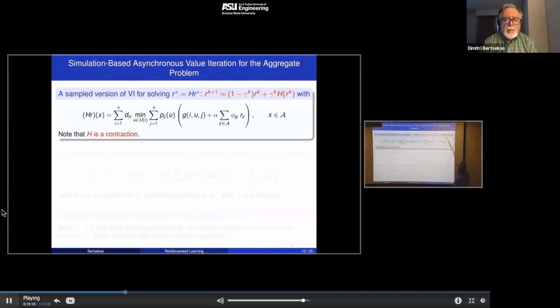And it would work. On the other hand, it's difficult to implement because there is an expectation here that bothers us. It is a legitimate algorithm and converges because h is a contraction, but it's difficult to calculate h of R k because of this outer expectation, and so we're going to use sampling to approximate that. And once you use sampling, you need to introduce also a step size, whereby at each iteration, you compute an approximation to this h of R k, and then you move in the direction of that approximation with a step size gamma k that's diminishing.